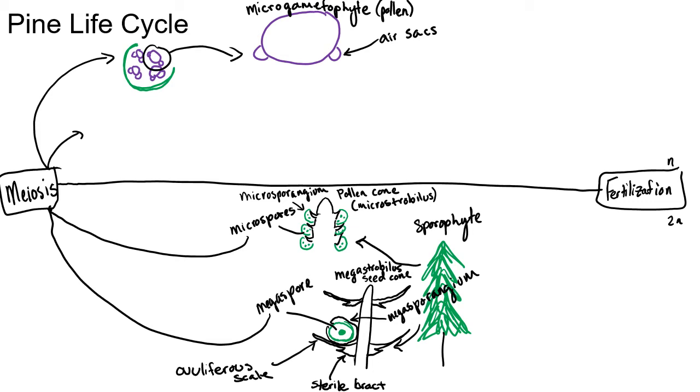It has 2 cells that don't really have any specific function. Those are the prothallal cells. So you can think of these as like vestigial cells from when we used to have a larger gametophyte, a prothallus.